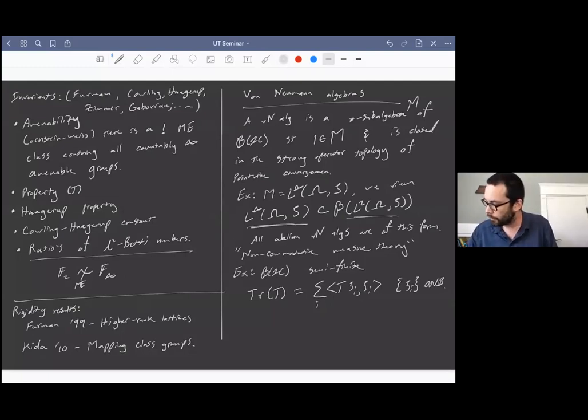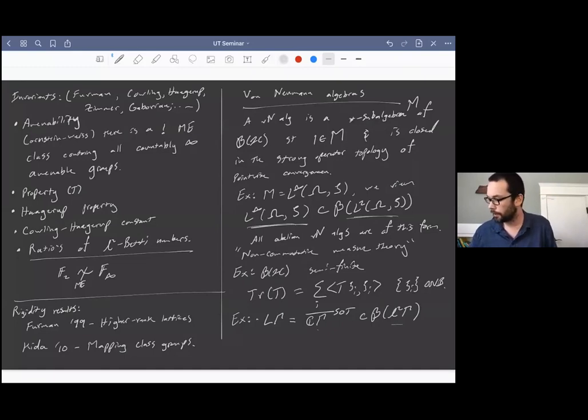Then there's another example of von Neumann algebra, which will play a key role in my talk, and that is if we have a group, then we consider the group von Neumann algebra, and this is just going to be the completion in the strong operator topology of the group algebra, which sits inside of bounded operators on L2 of the group, where the group algebra acts on L2 just by left multiplication.